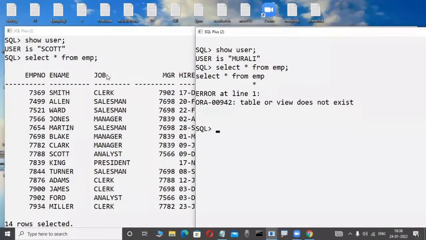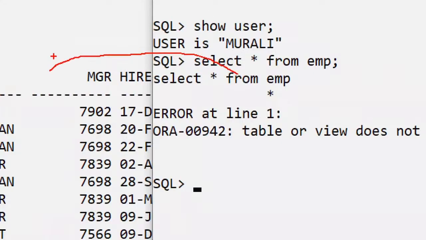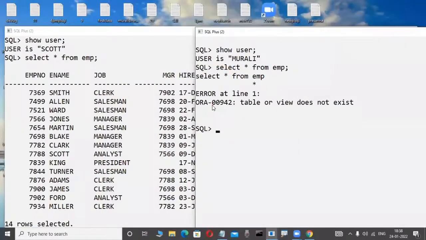Okay, fine. If this Murali user is interested in accessing the Scott user table, first the Murali employee requests the Scott employee, for example: please give me your table. I am using some information from your table in my project.